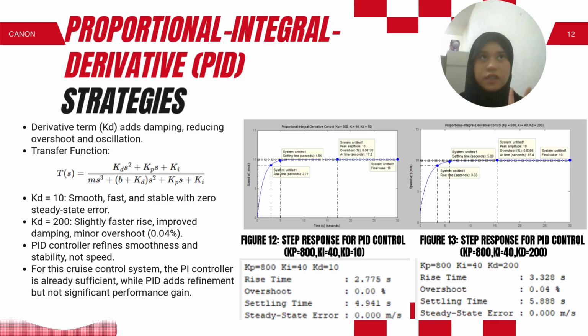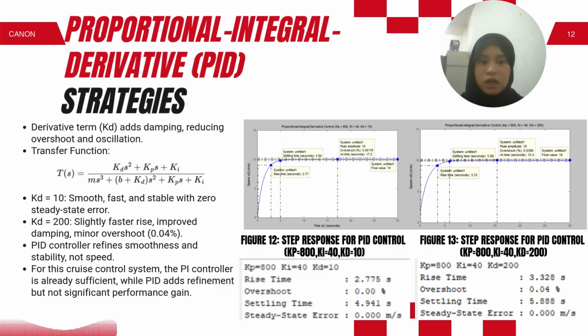And second, when Kd was increased to 200, the rise became slightly faster, the damping improved, and there was a very small overshoot of about 0.04% of speed, still well within the stable range. Overall, the PID controller doesn't make the system much faster, but it refines the transient response, producing smoother and more stable motion.